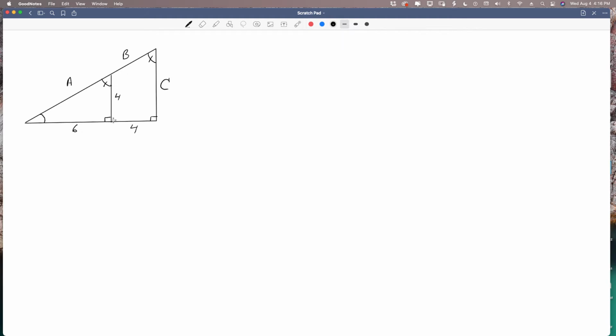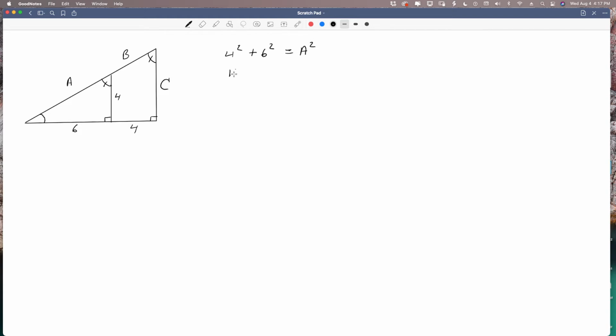So if we have a right triangle and this is the hypotenuse, we know how to find this measurement because we know the Pythagorean theorem. So all we have to do is figure out what A is, right? And then we can get a scale factor, right? Okay, so let's look at it. We know that 4 squared plus 6 squared is going to equal A squared, right?